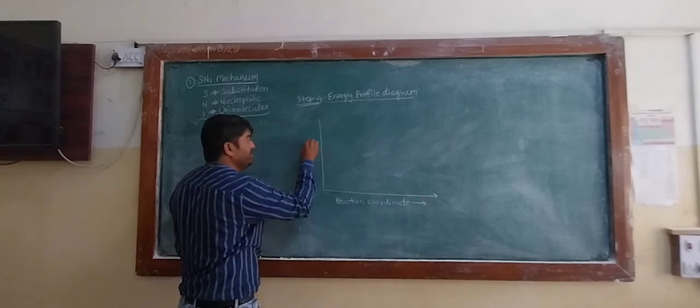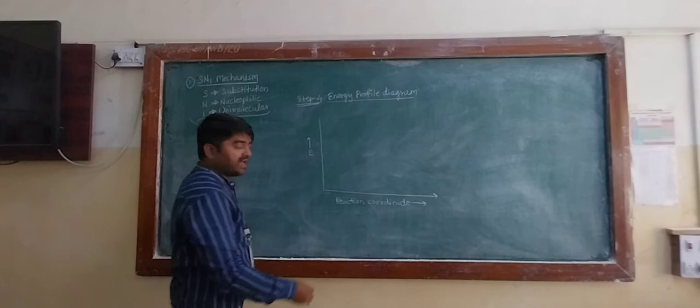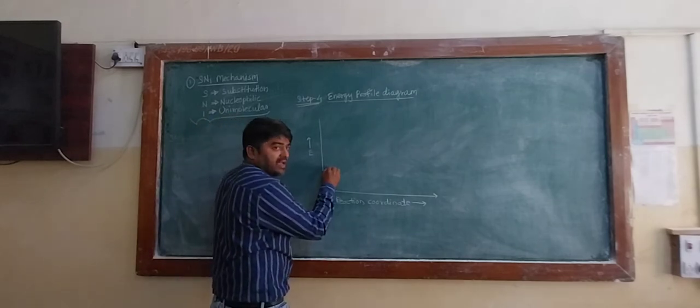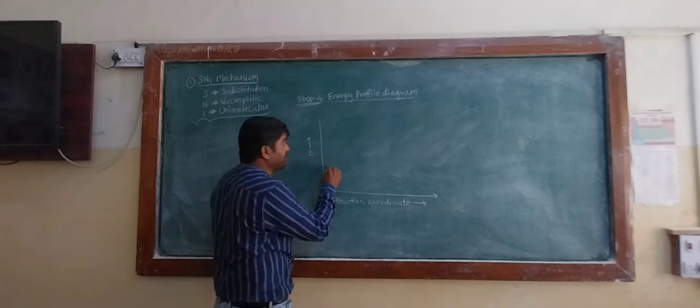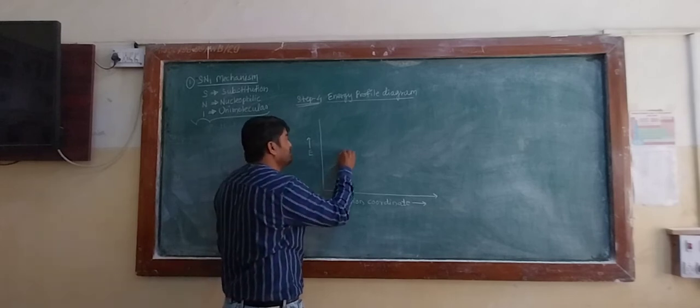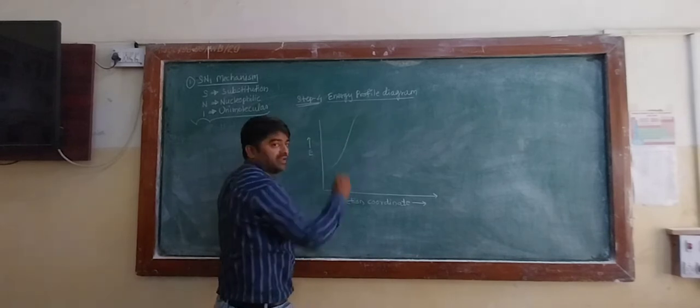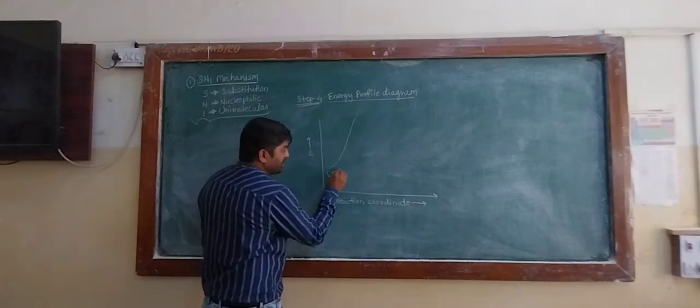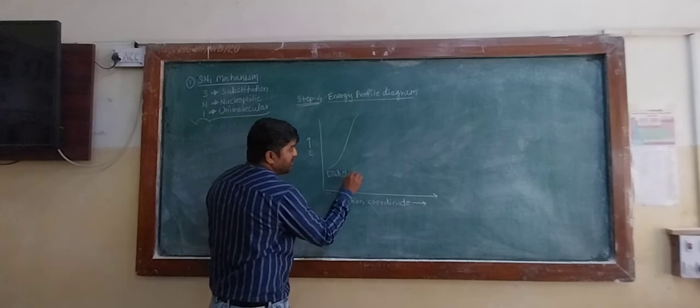Now here we are starting with the reactant or the substrate. As there is a partial cleavage of the carbon and Cl bond, its energy increases. Now here you have the substrate, which is tertiary butyl chloride.